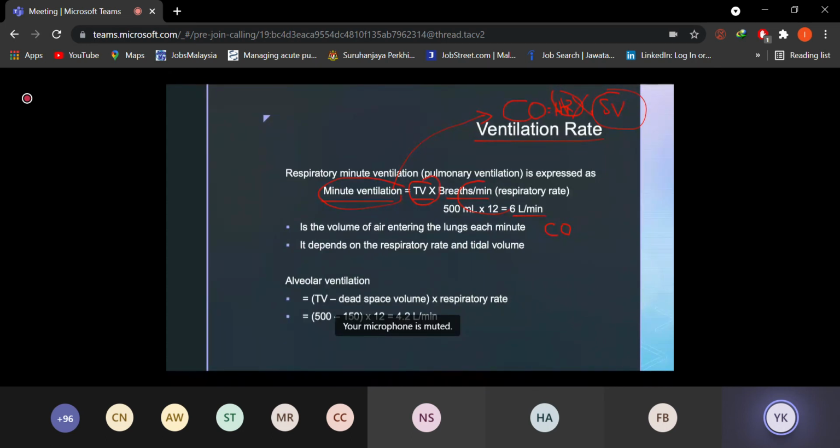Similar to your cardiac output, affected by your heart rate and stroke volume, the minute ventilation is affected by the respiratory rate and also the tidal volume. So the alveolar ventilation is you need to subtract the dead space and multiply by your respiratory rate. So this is what you get, 4.2 liters per minute.